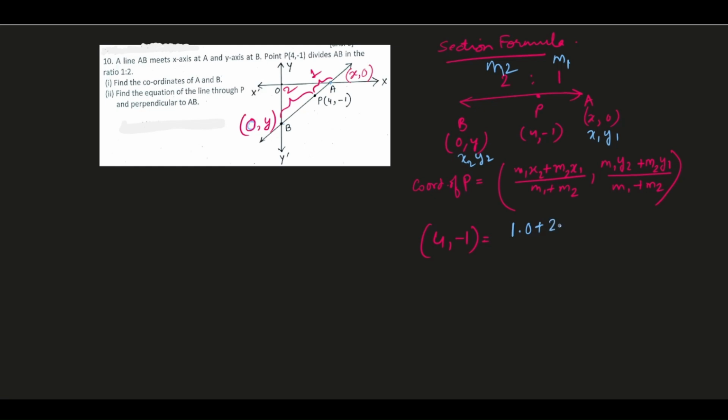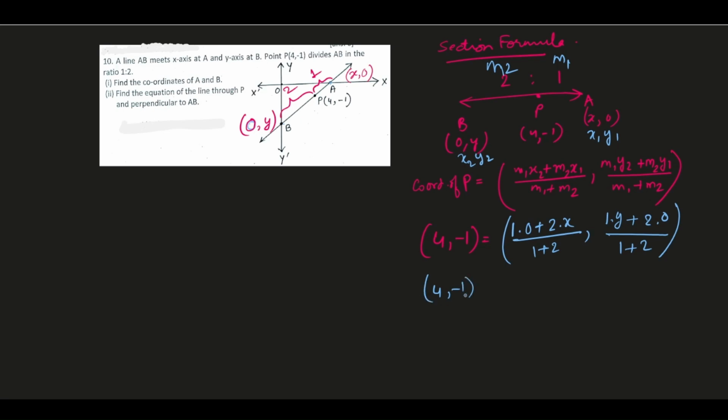It's 2 here, into x1. x1 is x only. m1 plus m2 will be 1 plus 2. Then m1 y2. m1 is 1 into what is y2? y2 is y, plus m2 y1. m2 is 2 into y1 which is 0, divided by 1 plus 2.